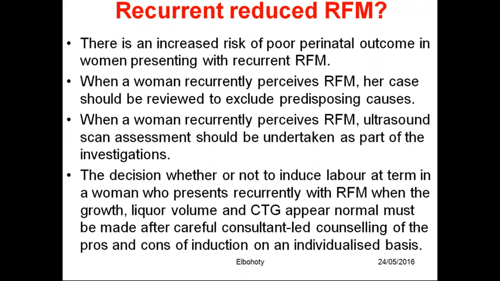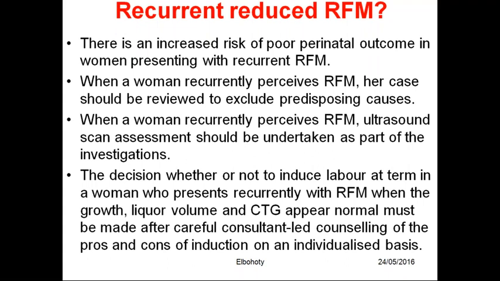If there is associated IUGR, if there is associated oligohydramnios, if the CTG shows any problem, we need to consider management, which can be delivery sometimes. Especially if it is at term, so we can individualize it according to the association.